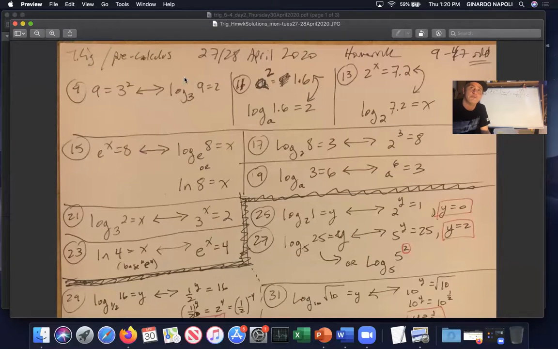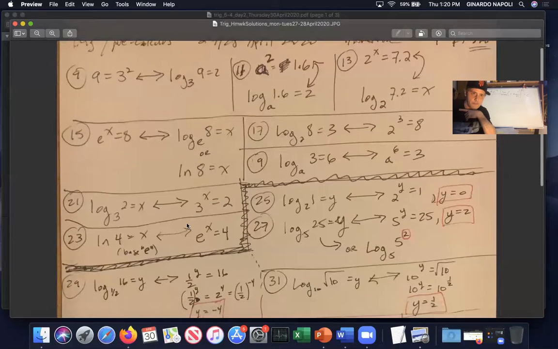So whatever the exponent is what the logarithmic expression equals, right? Right here, our base is a, so you put the a there. It equals 2 because that was the exponent. And then here, the base is e, the exponent's x, so the log base e equals x. You could also use ln because the base is e.